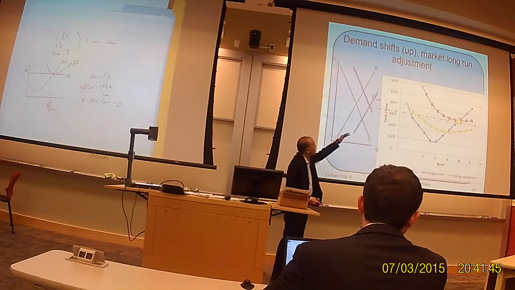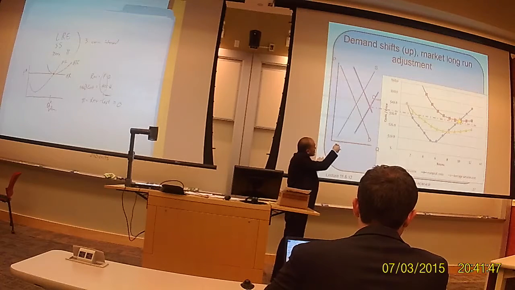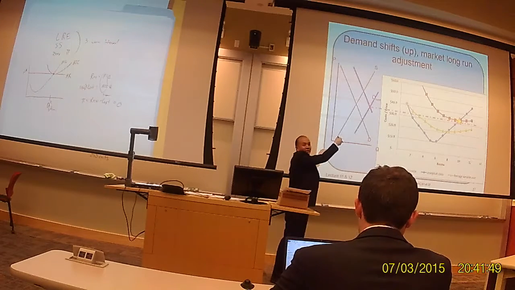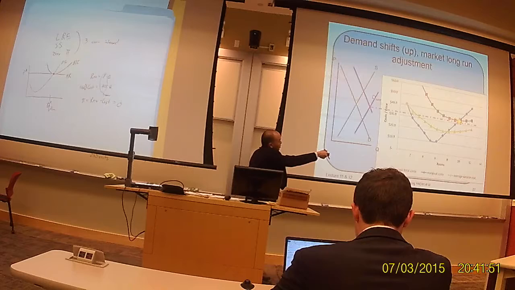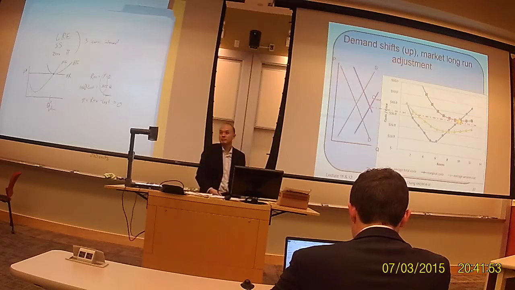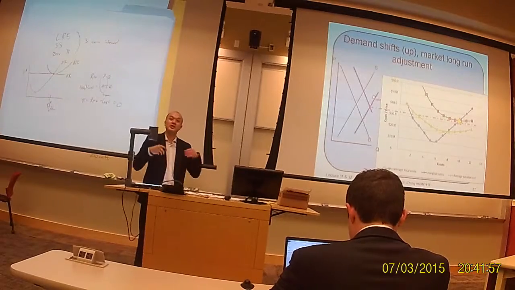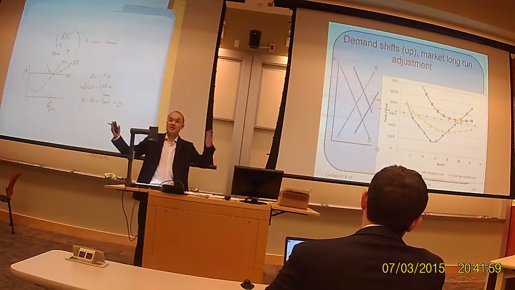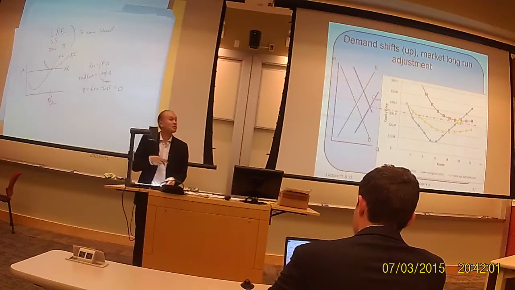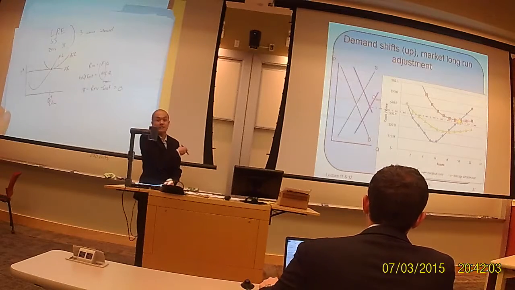Okay, there's a shift to the right. So price too high, price too high, price too high, price too high, price exactly right. Okay, and then we'll go back to the zero profit point. Okay. Then is there going to be entry or exit or neither? It'll be neither. Okay, the steady state, no entry or exit because there's zero profits at that point.